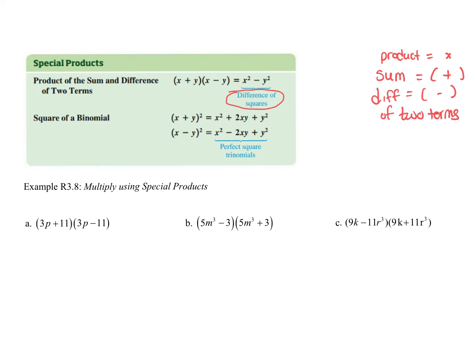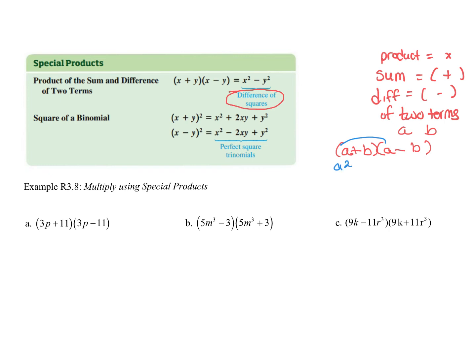So let's call my two terms, they used x, y, I'm going to call them a and b. So a and b. So you have the product of two binomials with two terms in them. That's why they're called binomials, a and b, a and b. One is a plus and one is a minus. I'm going to multiply this out to prove to you what happens. So if I do a times a is a squared.